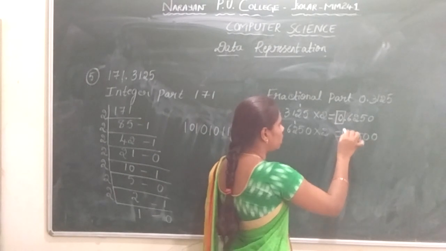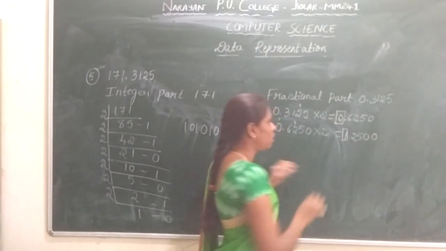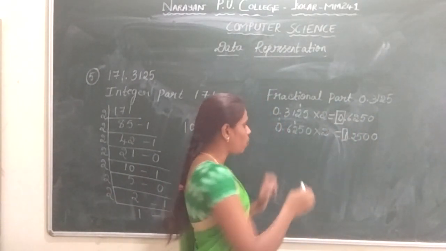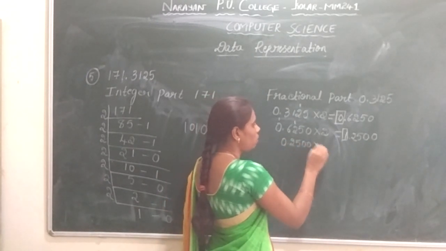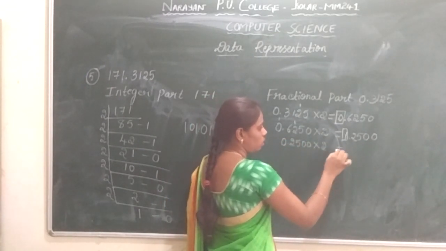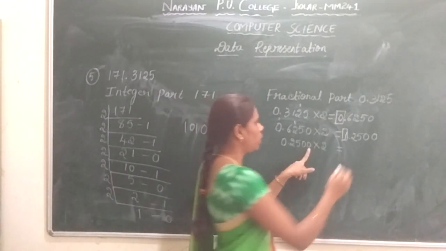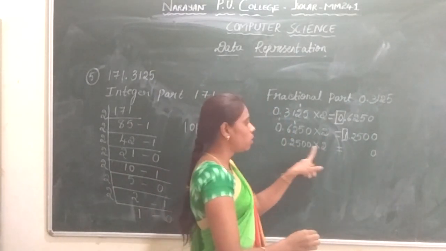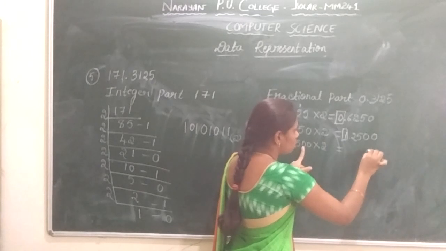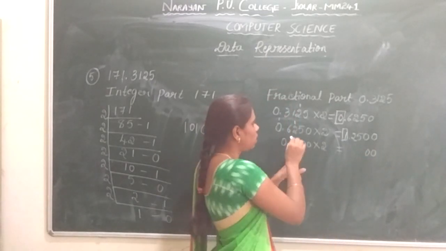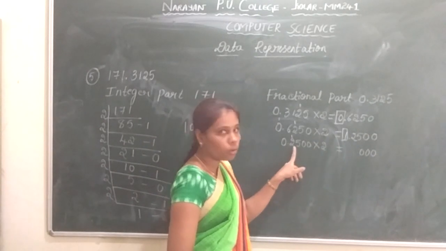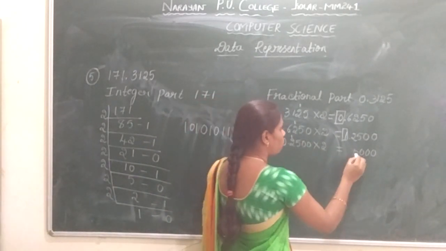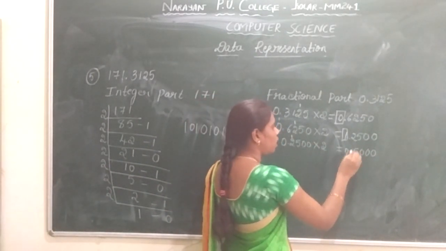Now mark the integer part. Consider only the fractional part, 0.2500 into 2. Now 2 into 0 is 0. 2 into 0 is 0. 2 5s are 10. Carry is 1. 2 2s are 4. 4 plus 1 is 5. So we will not get any carry.